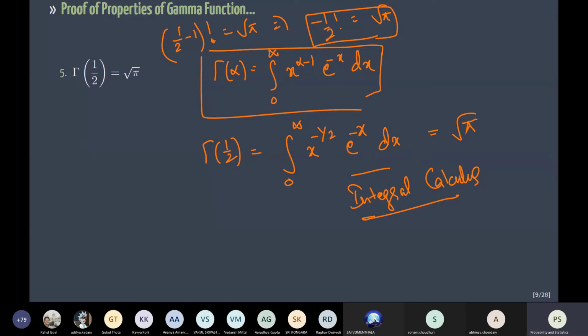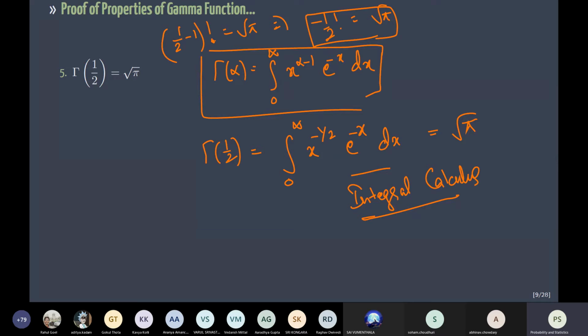In the normal distribution, remember we defined the PDF to be 1 by square root of 2 pi e to the minus x square by 2, the PDF of a standard normal. That's how it was defined, and I did not prove that the integral of this PDF is 1. Some of the terms here will use that fact, so we will cover that also while we are doing this.